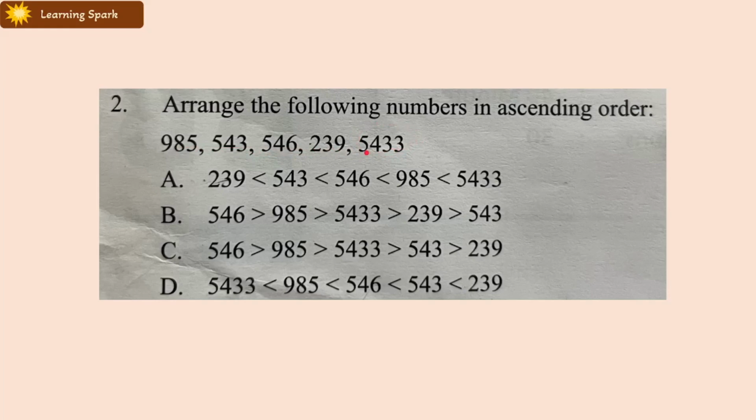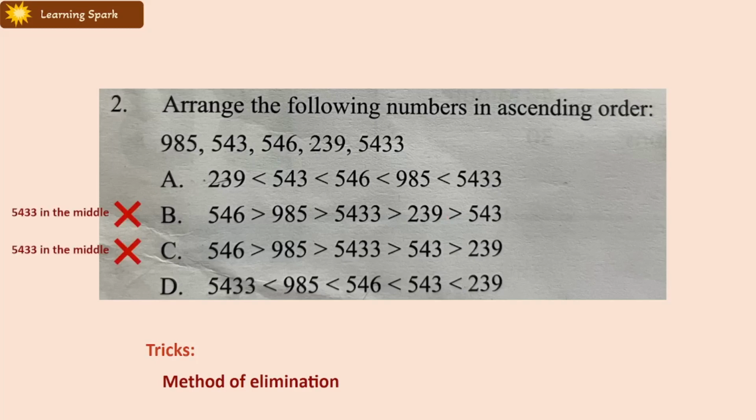Now if we apply the method of elimination, right? Method of elimination means we will not calculate all the answers. We will not consider all the answers. We will eliminate them one by one. So let's see whether we can eliminate some of these answers.